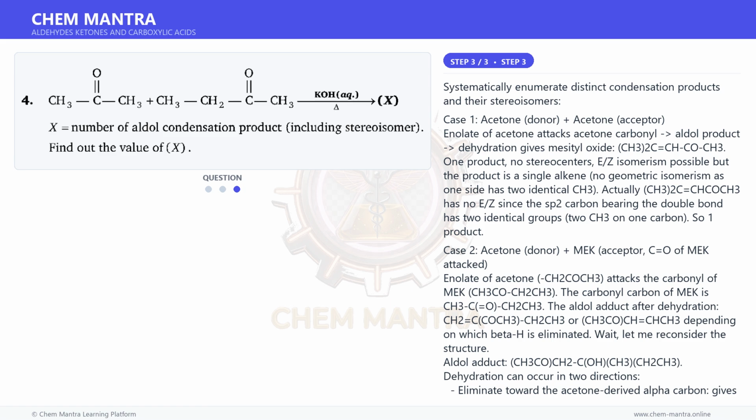Wait, after dehydration to form C=C, the sp2 carbons are not stereocenters.